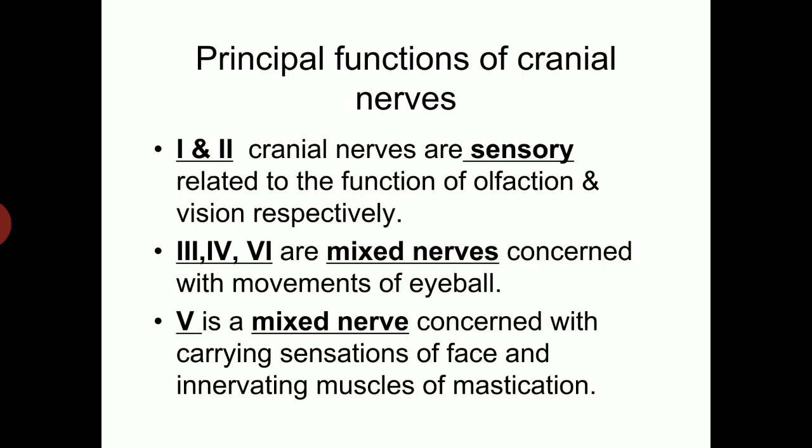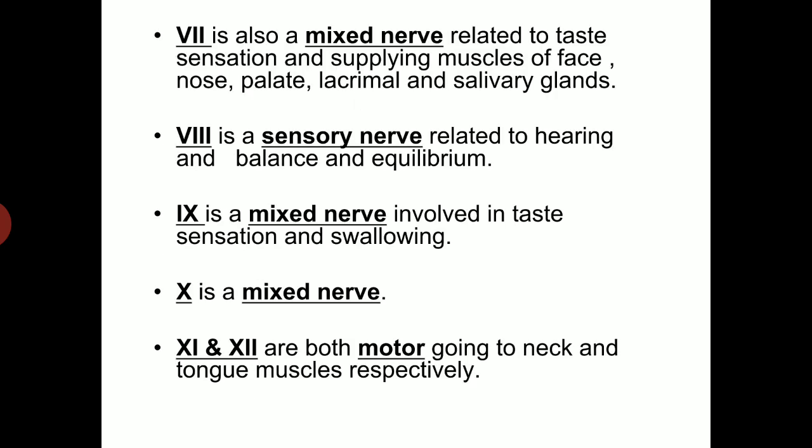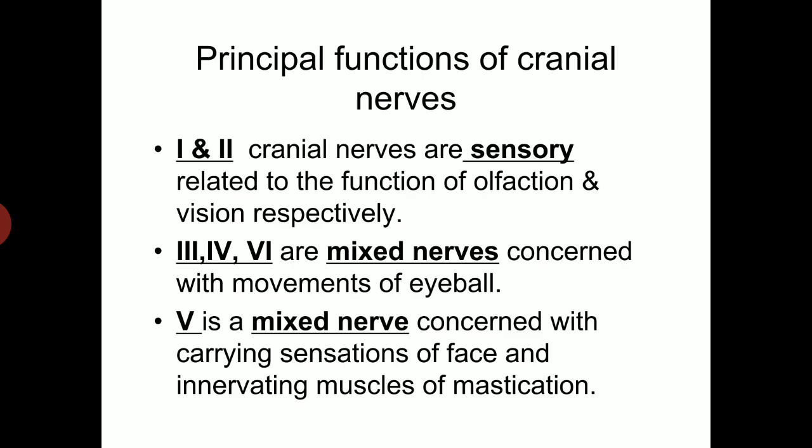Now, principal function of cranial nerves. First cranial nerve is olfactory and second is optic. These first and second cranial nerves are sensory. The olfactory cranial nerve is responsible for olfaction, smell, and the second, optic, is for vision.